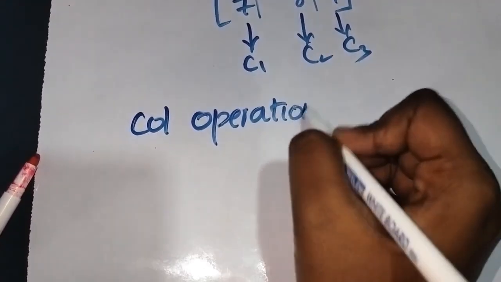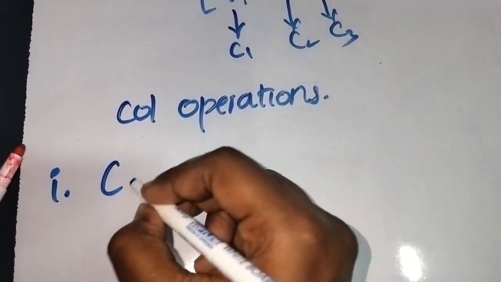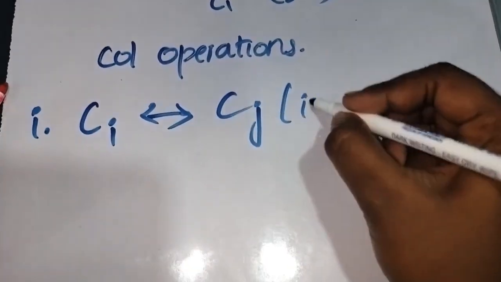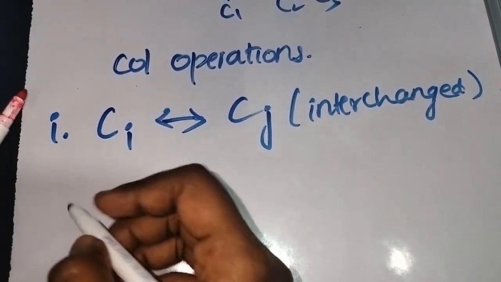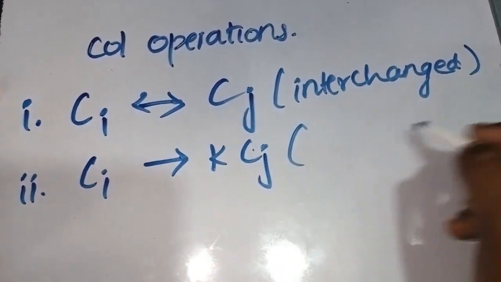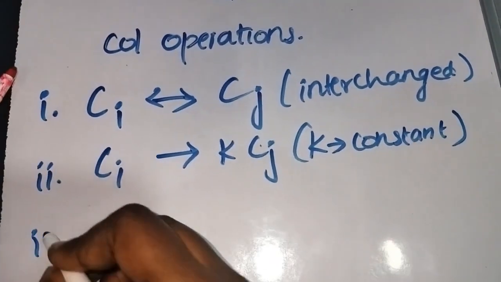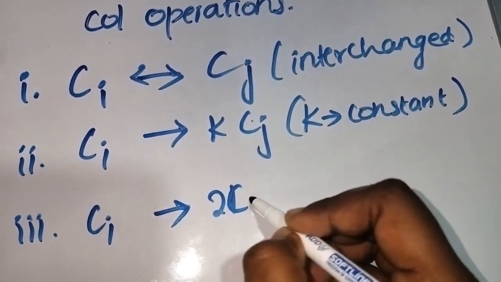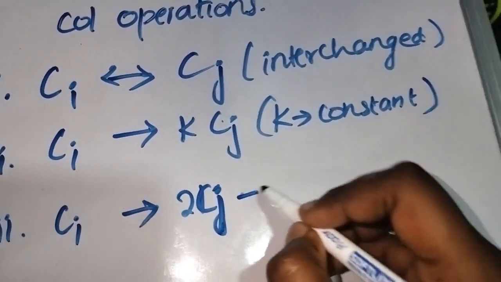Column operations. Case 1: similar to row operations, any column of a given matrix can be interchanged with any other column. Case 2: any column can be multiplied by any constant, where k should not be equal to 0. Case 3: any column can be operated with any other column of the given matrix.